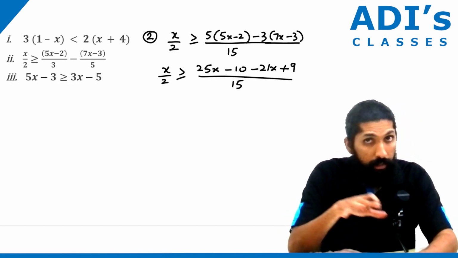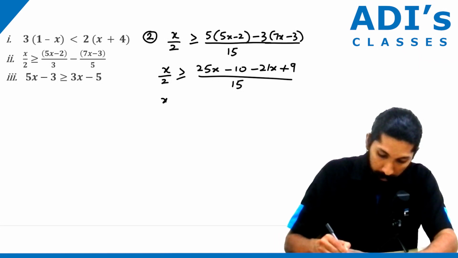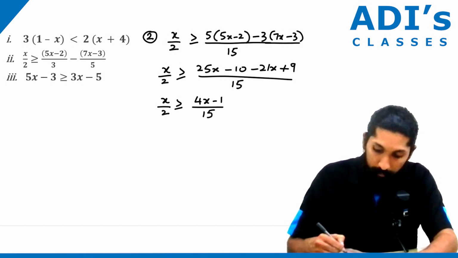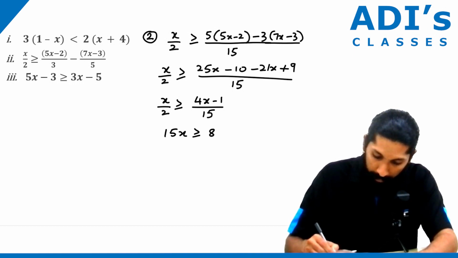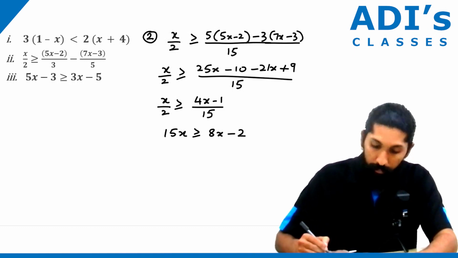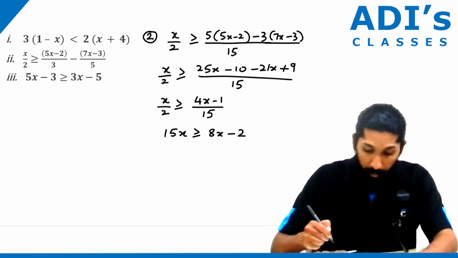There was a very similar type of problem in the previous case, if you guys remember. Now x by 2 greater than or equal to (4x minus 1) divided by 15. Cross multiply. 15x is greater than or equal to 8x minus 2. Correct? 8x minus 2.